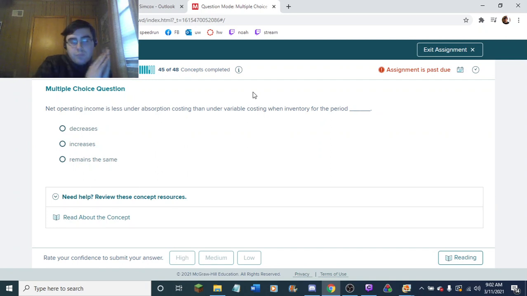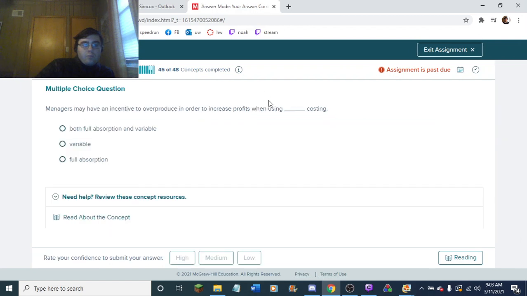Okay, so profit is greatest with high inventory level with absorption costing. So that means it's decrease. Okay, managers may have an incentive to overproduce using full absorption.